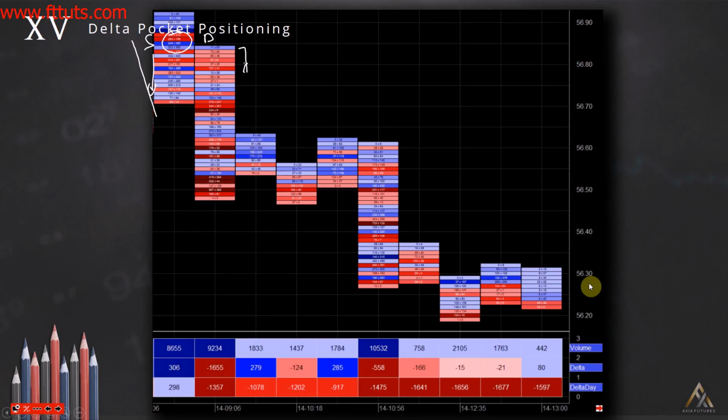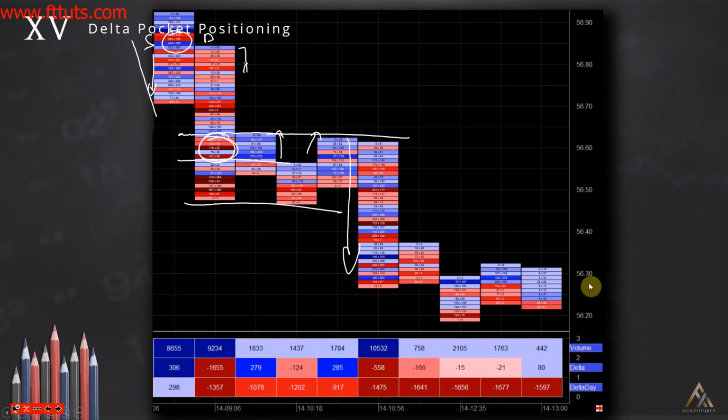Now, what we can see very simply is that the market provided a nice little pocket here. The market came back, tested that pocket, went back to the low, came back a second time, tested it again, and that pocket held ultimately before we then got the extension to lower prices.